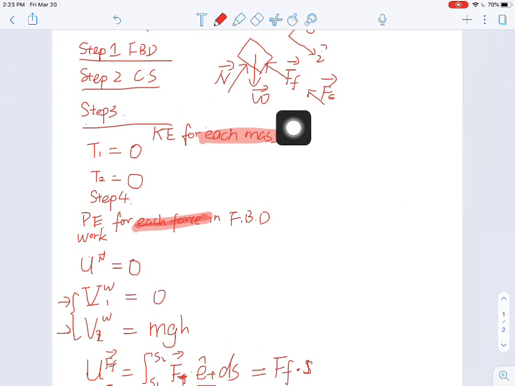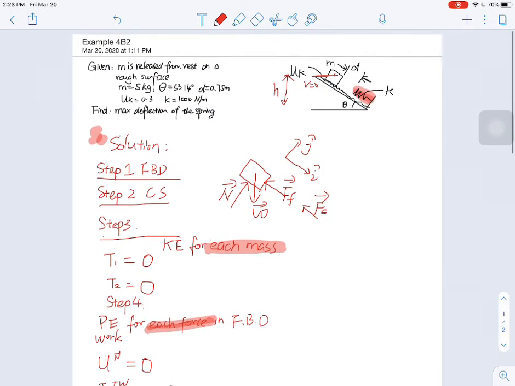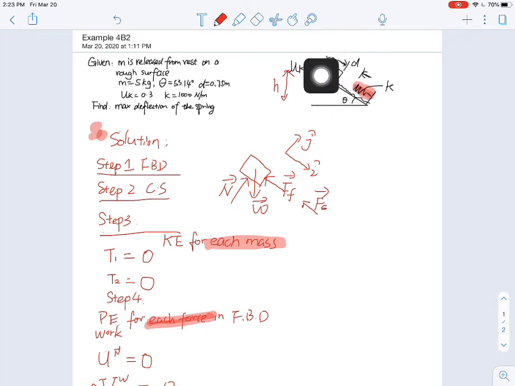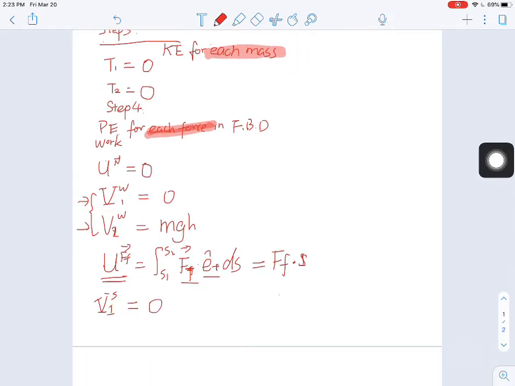And we have one more force, which is the spring force here. The spring force is a conservative force, so we can write the work done by the spring force as potential energy V1, V2. Let's write V1, where S represents spring, the potential energy at position 1. The spring is unstretched there, so there's no potential energy. It's 0.